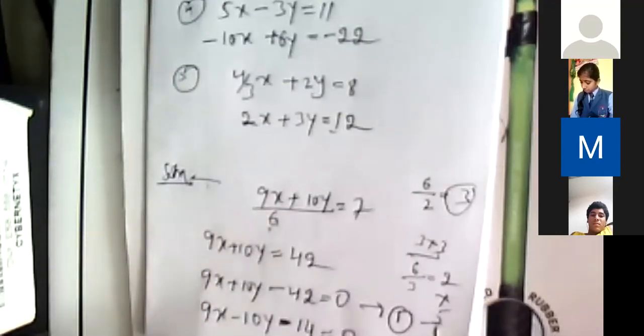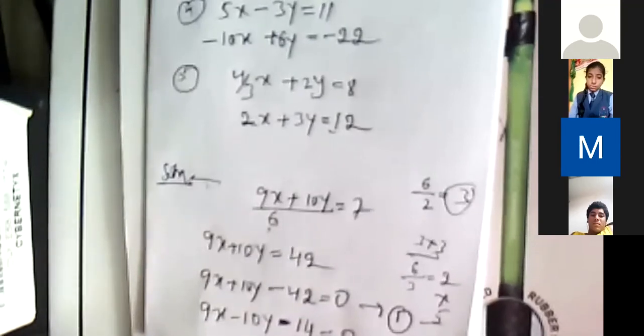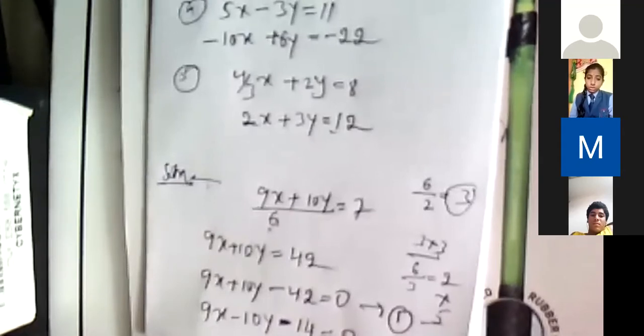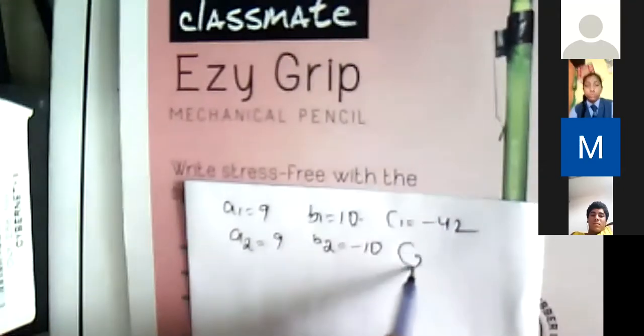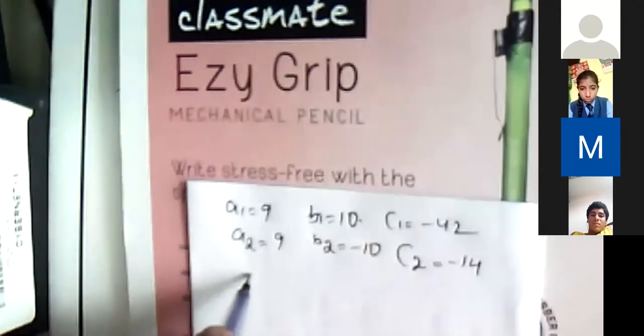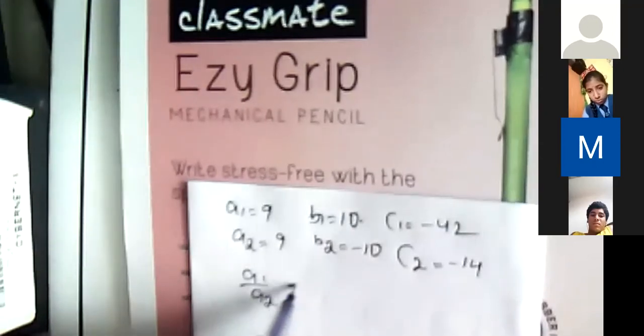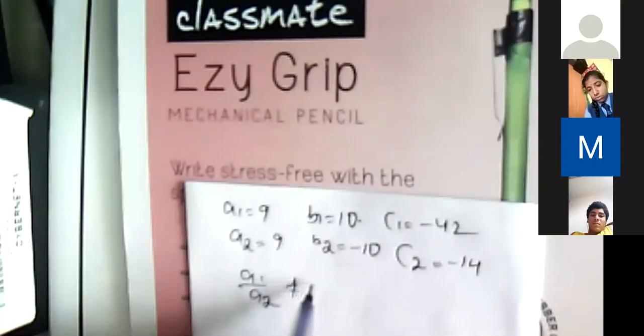Okay, correct. A2 is equal to 9, B2 is equal to minus 10. C2 is equal to minus 40. Therefore, A1 by A2 does not equal to B1 by B2.